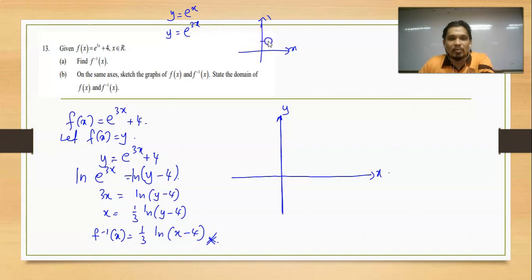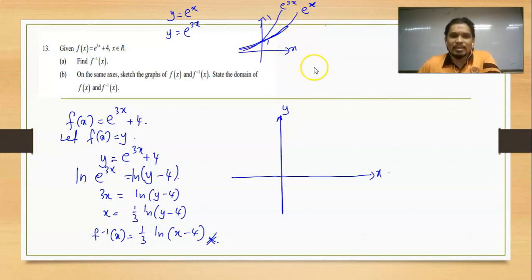So they intersect at y equals 1 here. This is the graph of e to the x, and the other one here is the graph of e to the power of 3x. So that's the difference: the gradient is different, but the intersection and the shape are still the same.